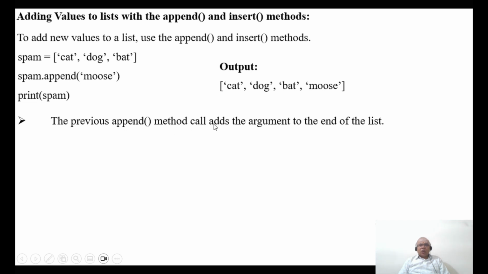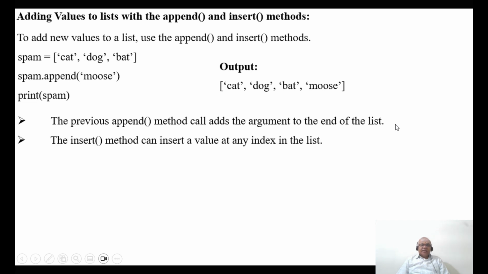The append method call adds the argument to the end of the list. And now we will go for one more thing, the insert method. The insert method will insert a value at any index in the list. Suppose I want to add between cat and dog, yes, you can do that.